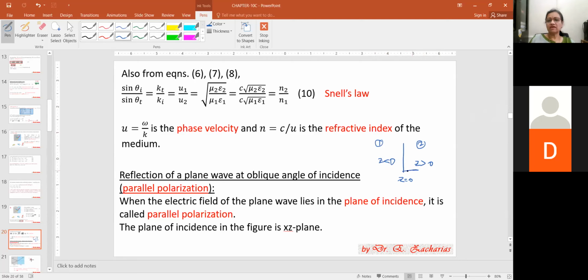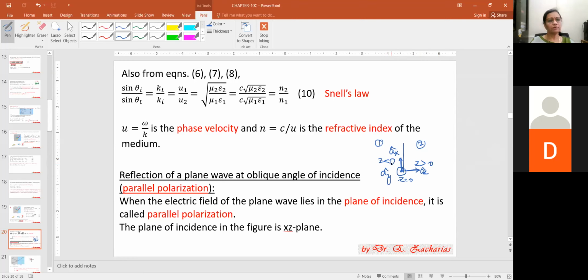If this is my x axis and this is my y axis, then what will be my z axis according to the right hand rule? x cross y means out of the plane of this figure is going to be my z axis. Is that right, guys?